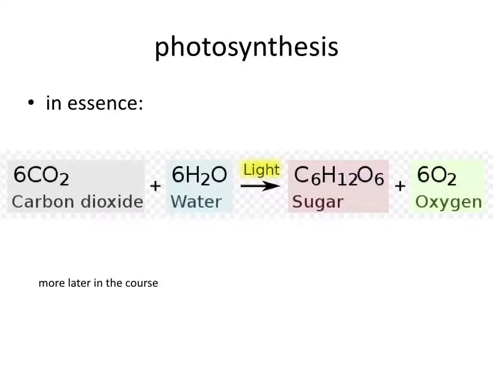The chemical essence of photosynthesis is that 6 carbon dioxide molecules plus 6 water molecules plus light and chlorophyll in those reaction centers leads to a 6 carbon sugar plus 6 oxygen molecules. And we'll talk more about photosynthesis when we talk about plants.